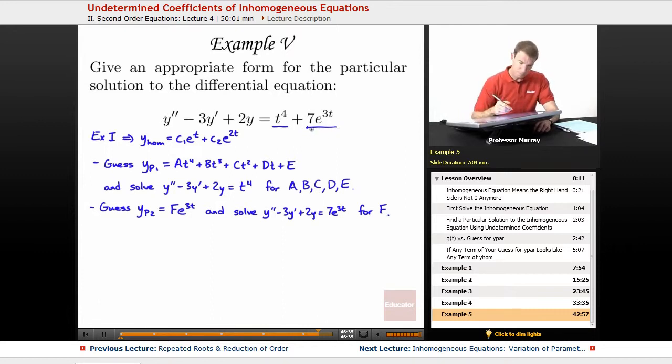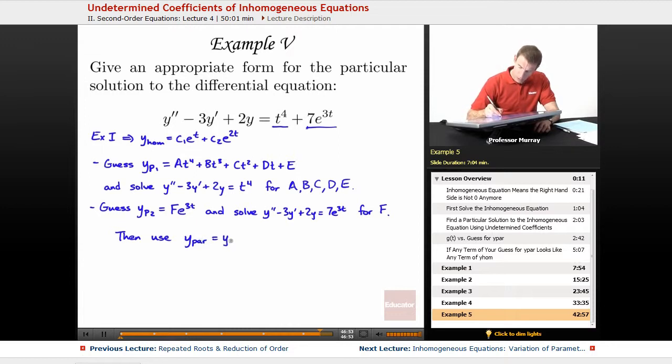And then once we'd found all those coefficients, a, b, c, d, e, and f, we would use our y particular. We would just add those two solutions.